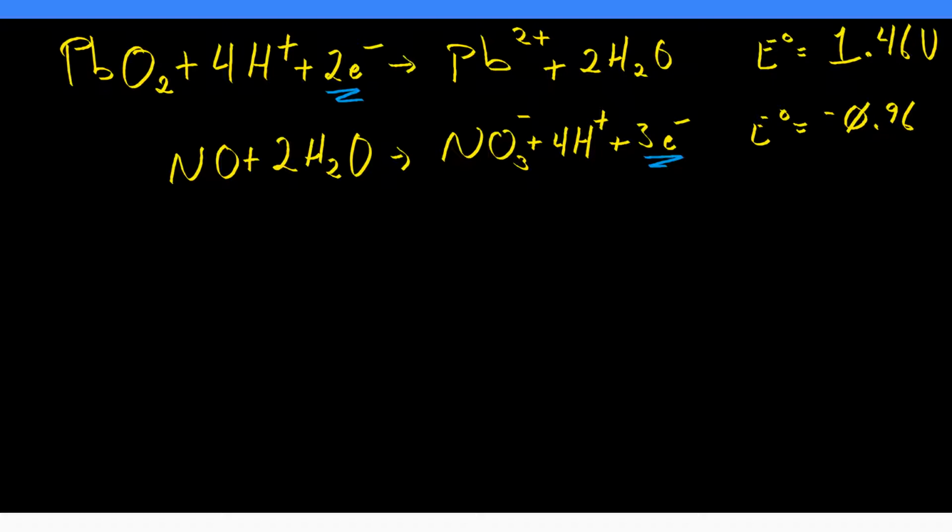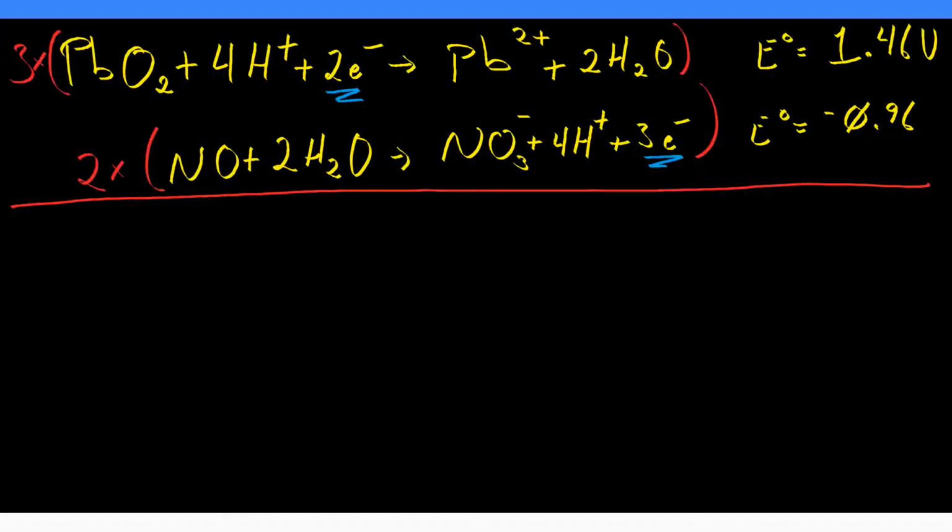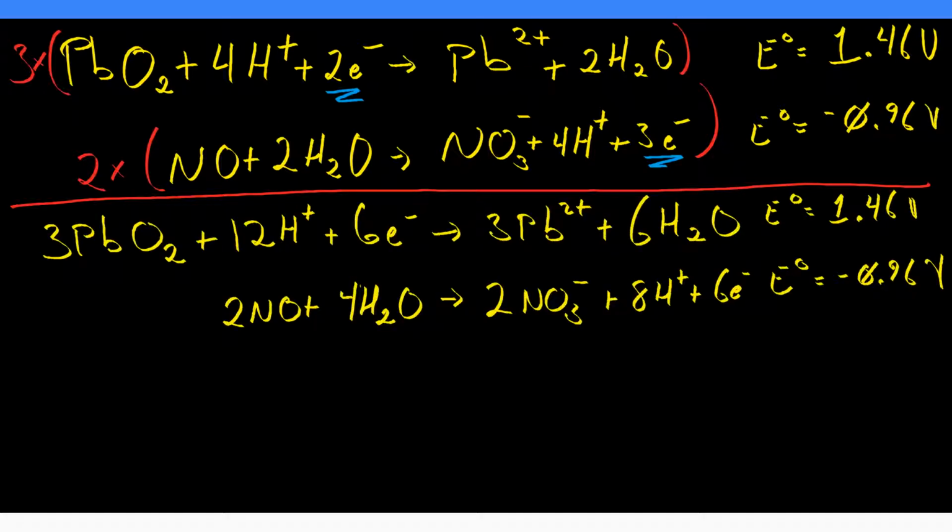Because that's really what we're doing, the last few steps of balancing a redox reaction here. And when you do that, you're multiplying the top reaction by 3 and the bottom reaction by 2. And that gives us these 2 new half reactions.